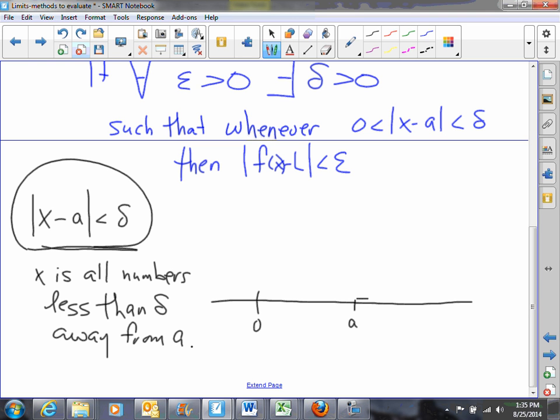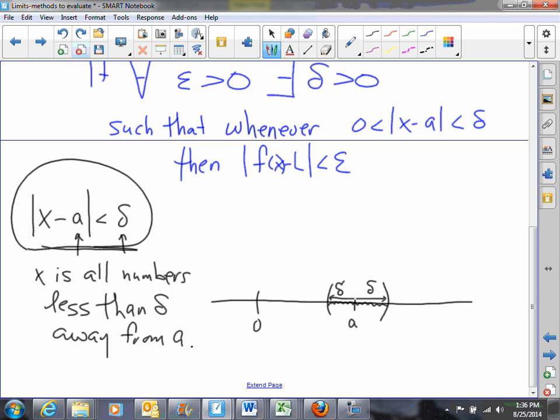So if we were to go delta units this way and delta units this way, and then do open parentheses to show an open interval there, all of these numbers in this interval would satisfy this absolute value inequality. When you look at this absolute value inequality, that's what your mind has to see. A is the center, delta is the radius. So we have an open interval, center at a, radius of delta.